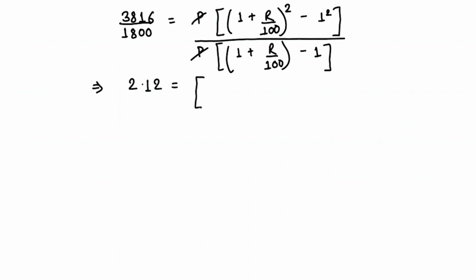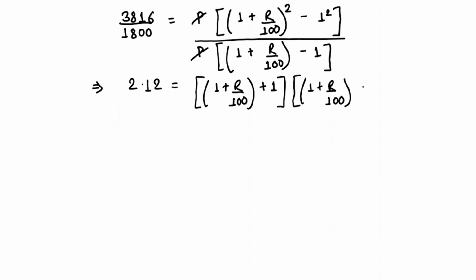So we have our A plus B as 1 plus R divided by 100, bracket close, plus B is going to be 1. And our A minus B is going to be, again, 1 plus R divided by 100, minus our B, which is going to be 1.